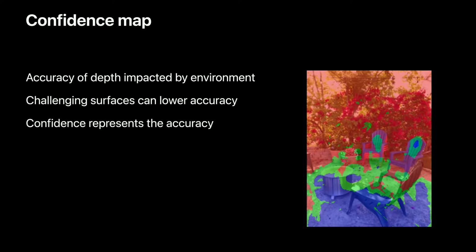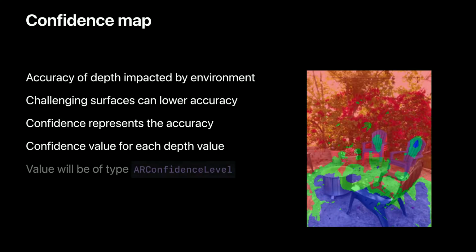This accuracy is expressed through a value we call confidence. For each depth pixel, there is a corresponding confidence value of type AR confidence level. And this value can either be low, medium, or high, and will help to filter depth based on the requirements of your application.